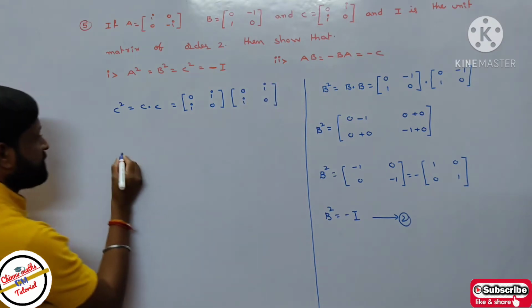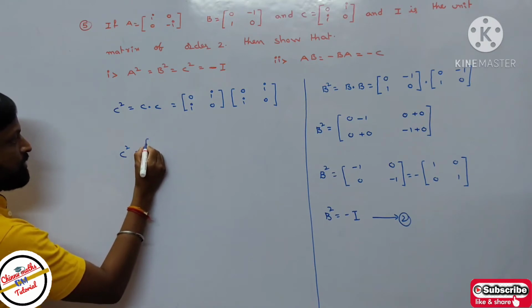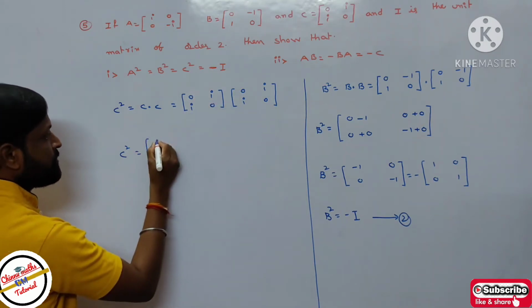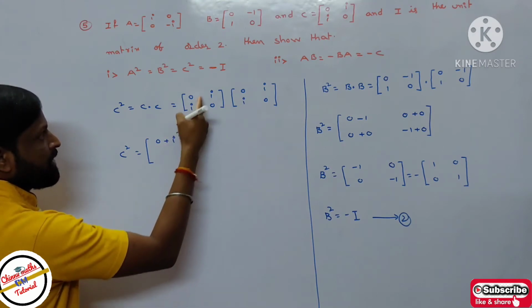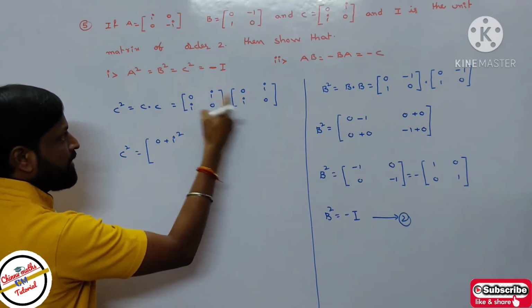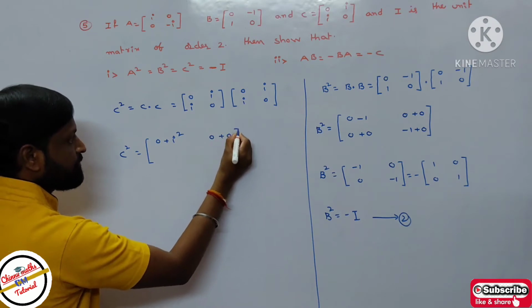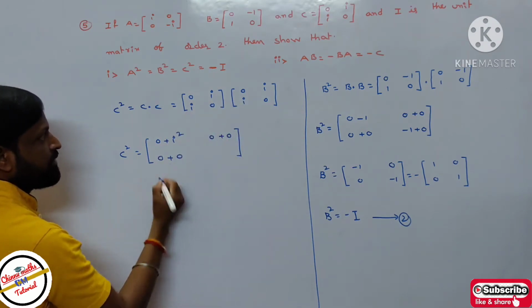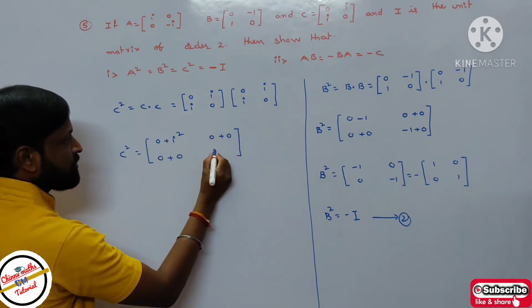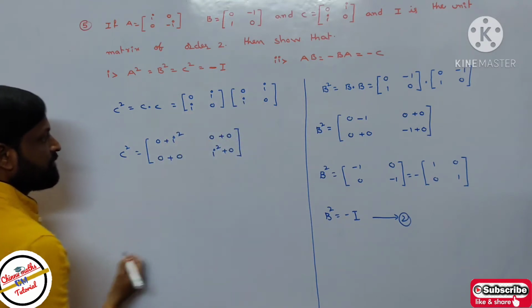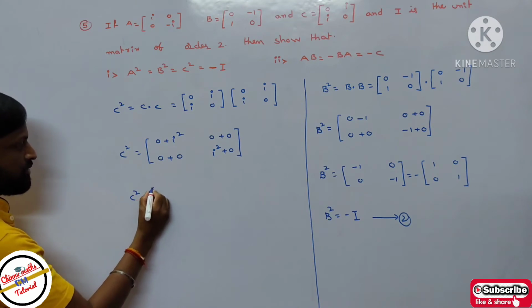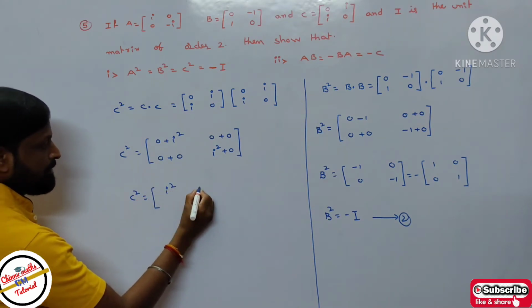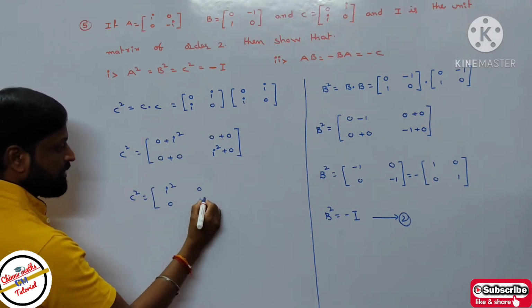Then you can multiply. Then C square equal to 0 into 0, 0, i into i, i square, plus i square. Next 0 into i, 0, i into 0, again 0, i into 0, 0, plus 0 into i, 0, i into i, i square, plus 0 into 0, 0. Then C square equal to i square 0 again 0 i square.